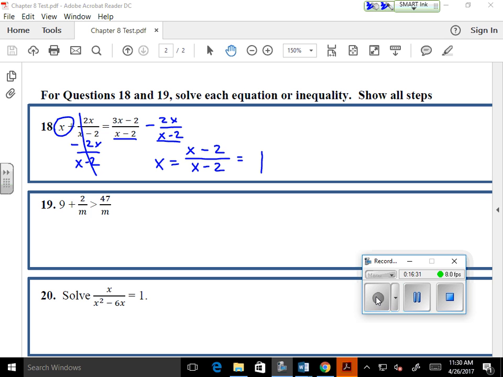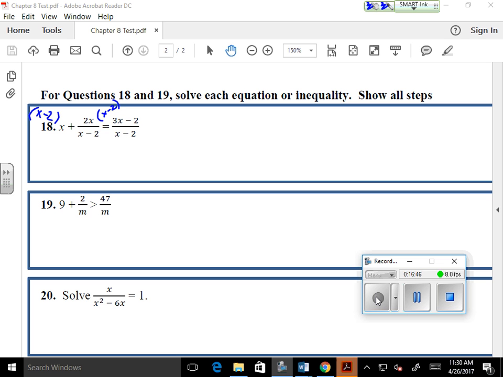The other way to look at it is to multiply everything by the least common multiple of the denominator. So if you multiply everything by x minus 2, that's one thing you're allowed to do.